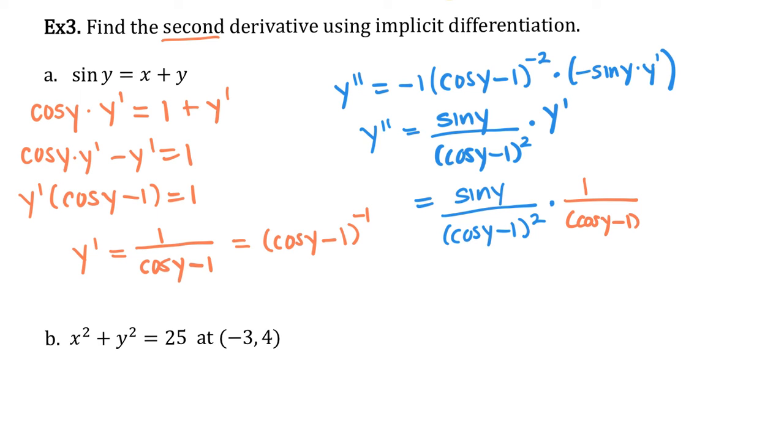Okay, and then let me rewrite this so it's a little bit nicer. So now I have y double prime is sine of y over cosine y minus 1 squared times another cosine y minus 1. So that's going to be cosine of y minus 1 to the third power.